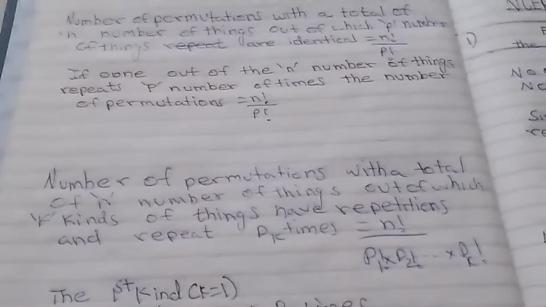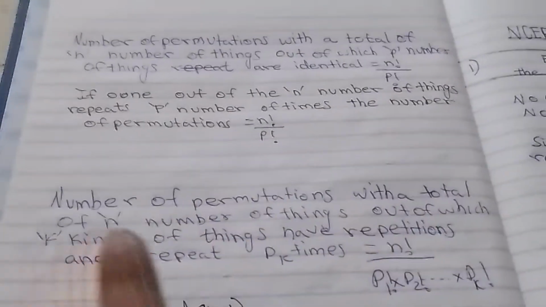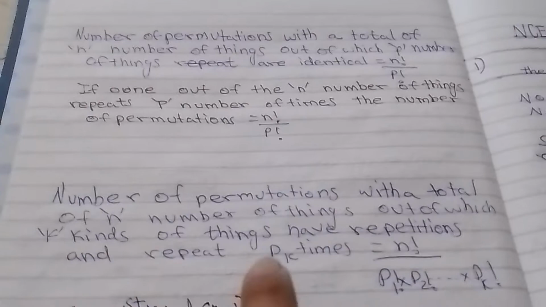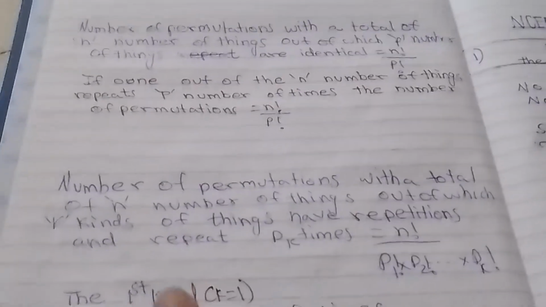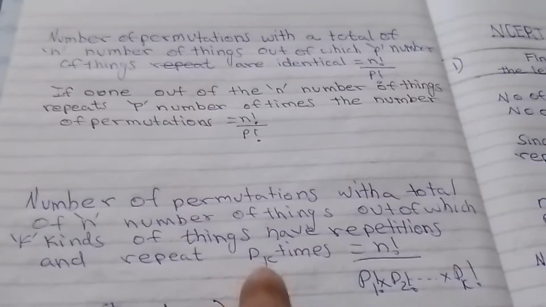So number of permutations with a total of n number of things out of which k kinds of things have repetitions, alright? K kinds of things have repetitions. K kinds of objects have replicas. And repeat pk times, alright? This variable gives a number of times that particular object repeats.